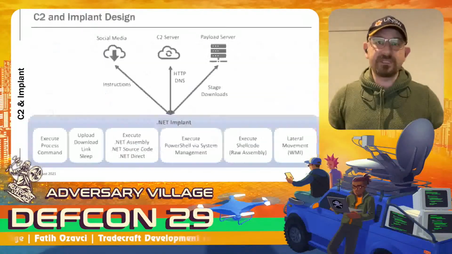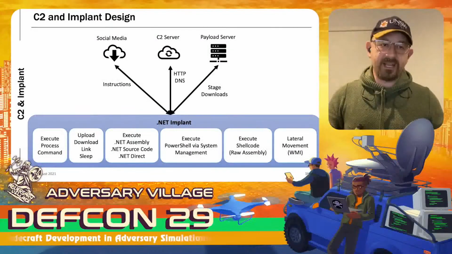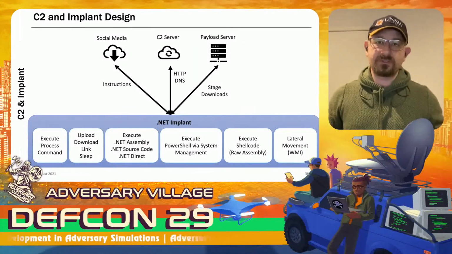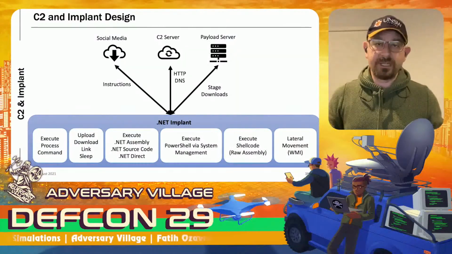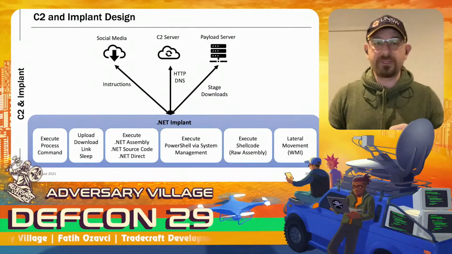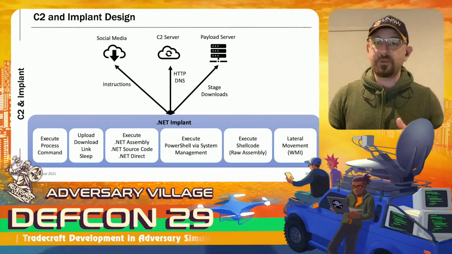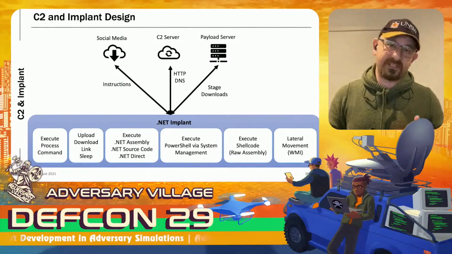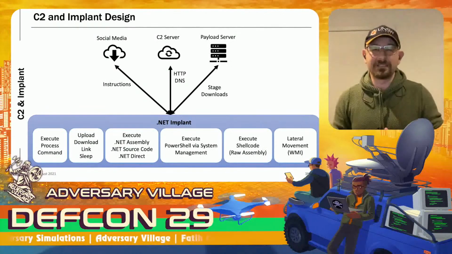So let's start with how we should design our implant. Our implant may have various features and they can be used for attack simulation. And those features could be built in or they can work from remote sources. We have some essentials such as upload, download functionalities or maybe some certain commands to run whatever we need constantly.